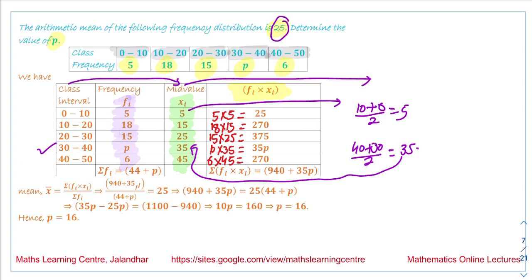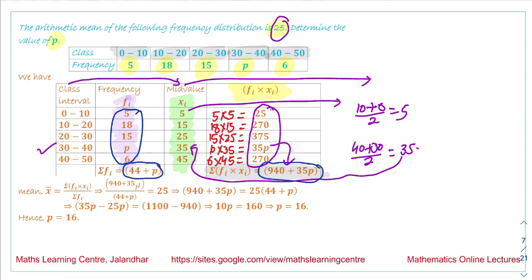Now, the sum of all these terms, sigma fi xi, is 940 plus 35p. And the sum of the frequencies, sigma fi, is 44 plus p.